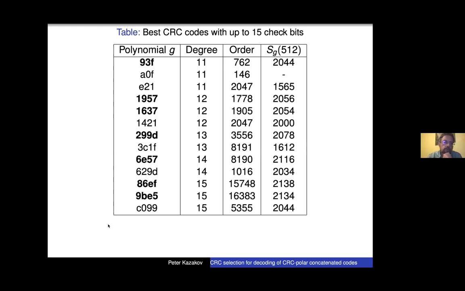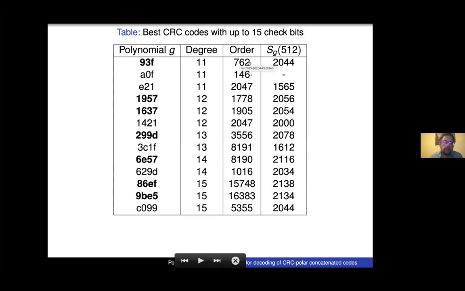For instance, for degree 13, we see that we have a much better improvement compared to something that is already used. And sometimes the differences are very small. In this case, we give two proposals, and there are some differences in order. Differences in order are important because, for instance, here we could use this up to order 762.